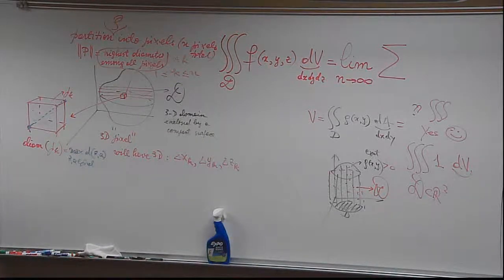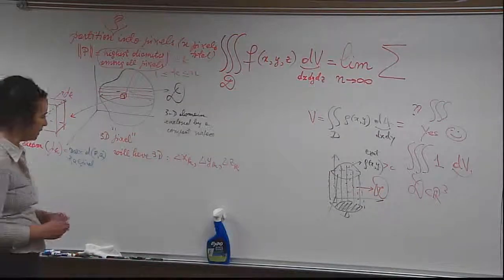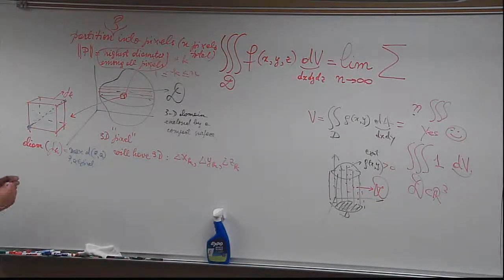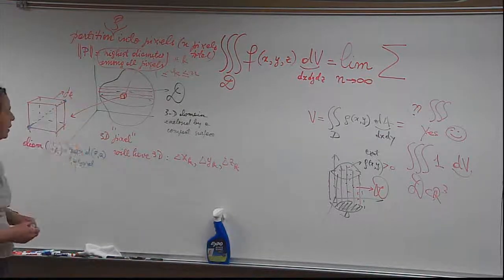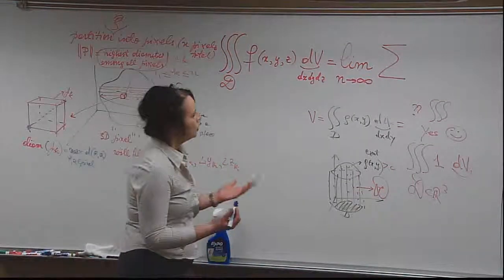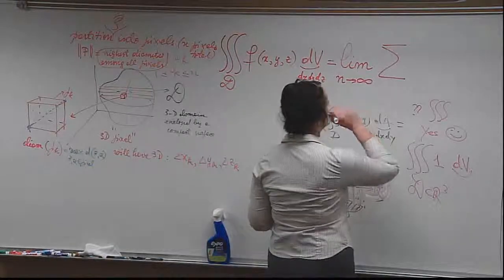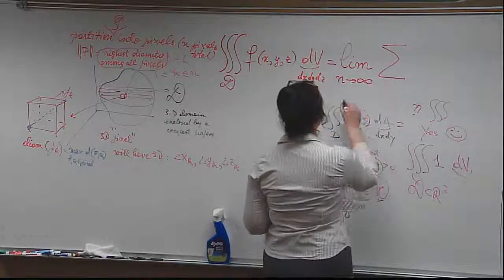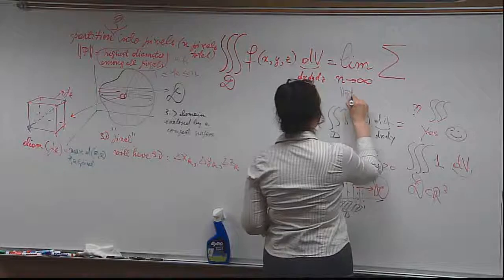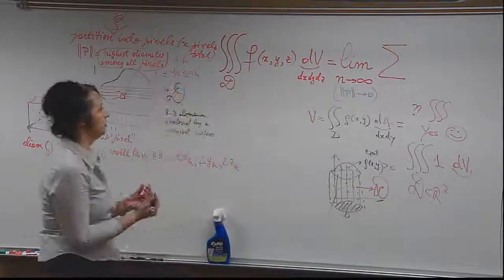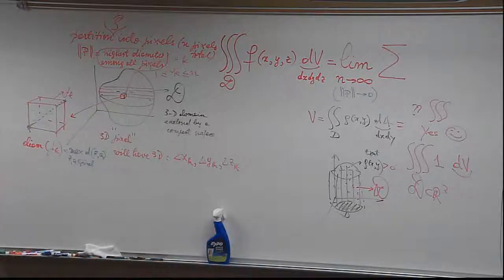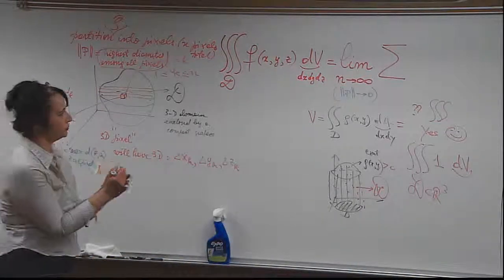If it's a parallelepiped, it's the same idea. So I have that opposite corner distance kind of thing. Okay, so I know what I want. I want n to go to infinity. That means I'm going to have the norm of P going to 0. The length of the highest diameter will go shrinking to 0.